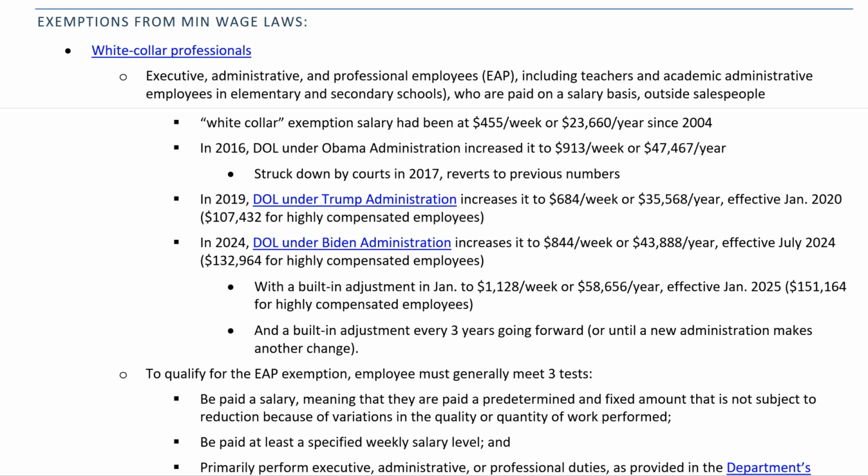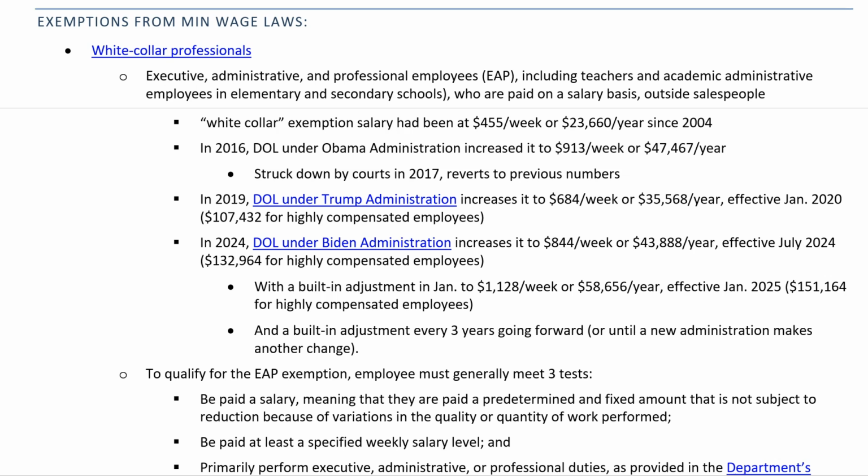But that was struck down by the courts in 2017, and then it reverted back to the previous numbers. Then the Trump administration increased it to roughly $35,500 a year, and then you would be exempt. And there's an additional exemption in there for highly compensated employees.